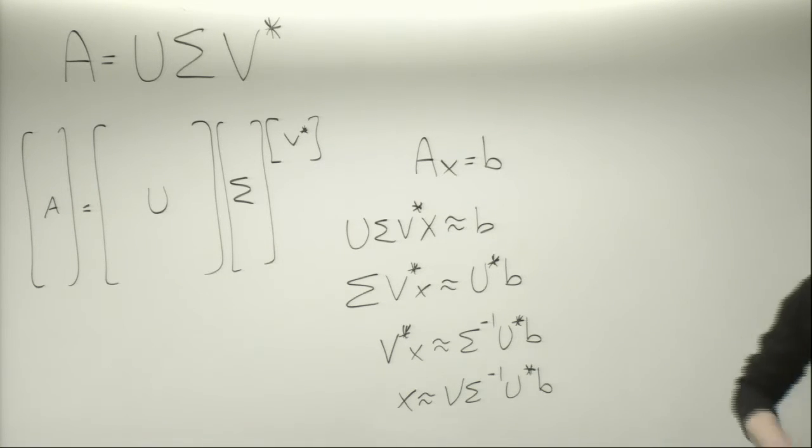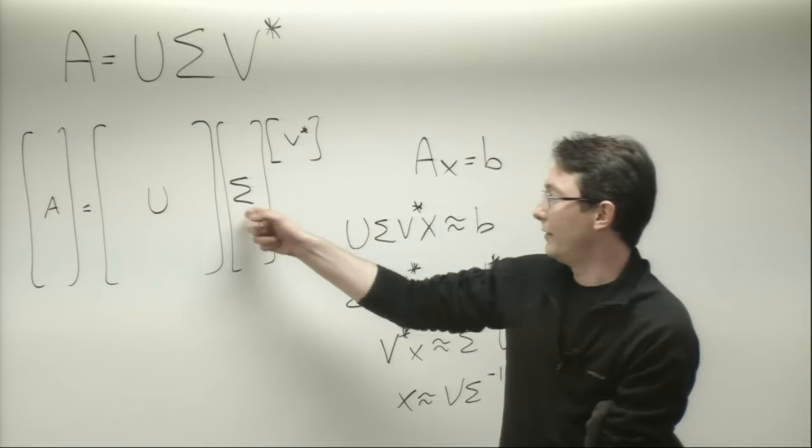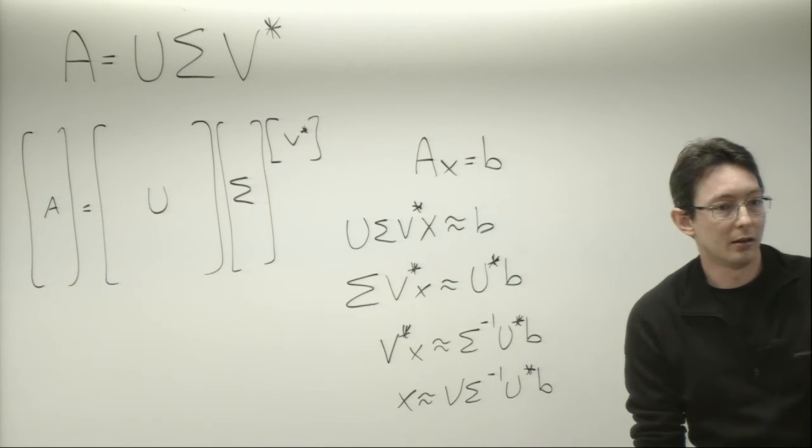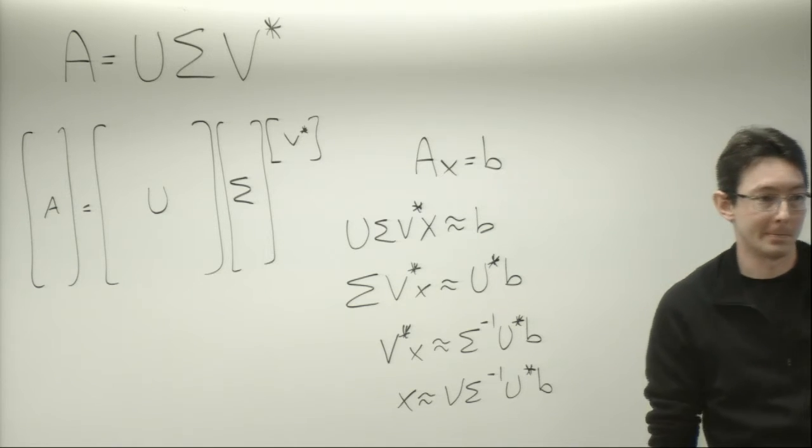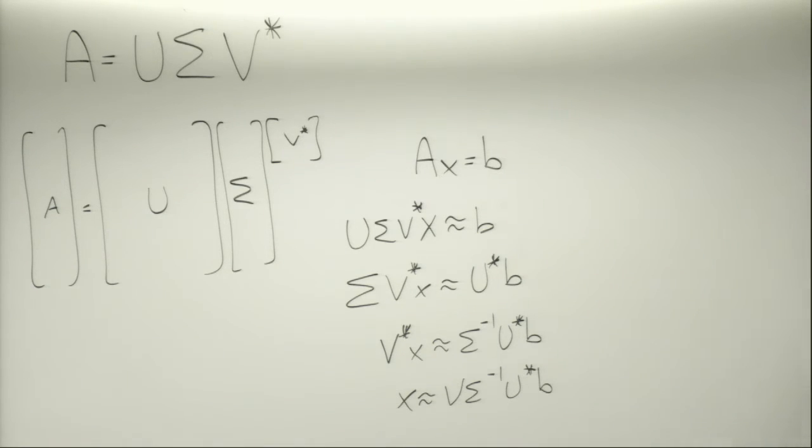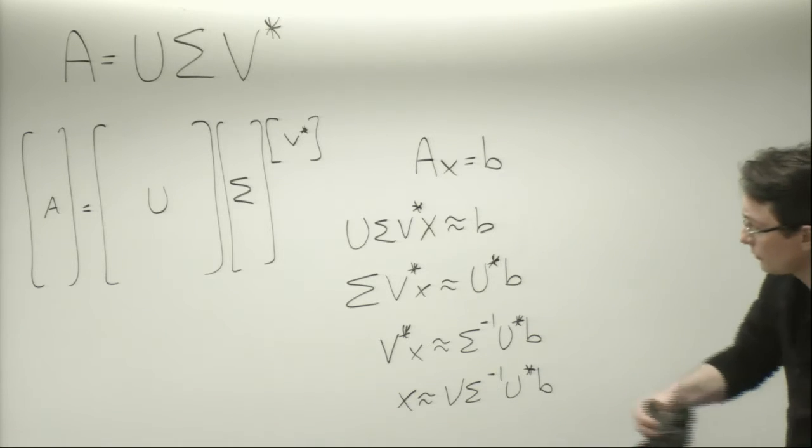Okay, so I glossed over a super important step here. How do I invert sigma? I can't really invert sigma, right? Okay, so there's a really important thing that is happening here.